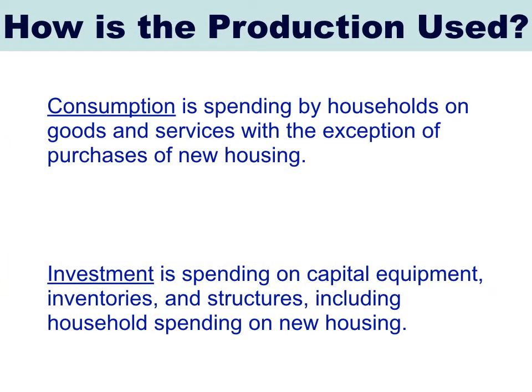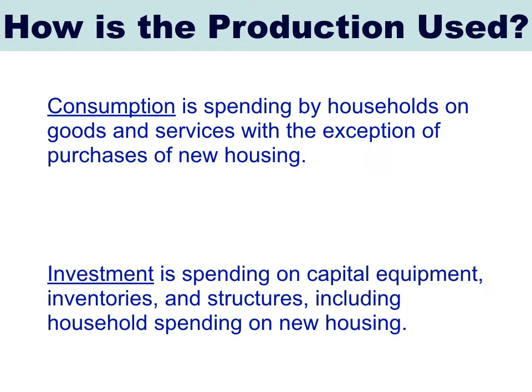So what are the different components and how do we calculate them? Well, consumption is spending by households on goods and services with the exception of purchases of new housing. Right? So when we're thinking about this definition of consumption, it's essentially everything that you buy. Everything.